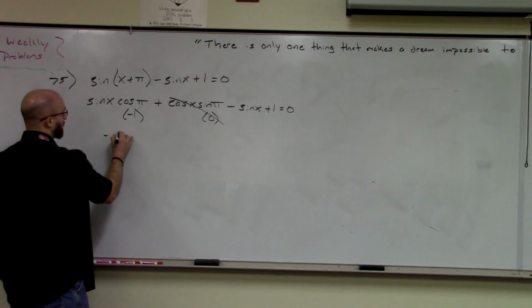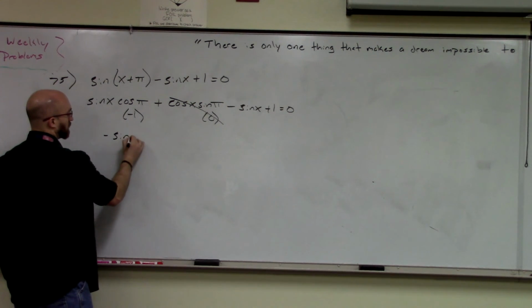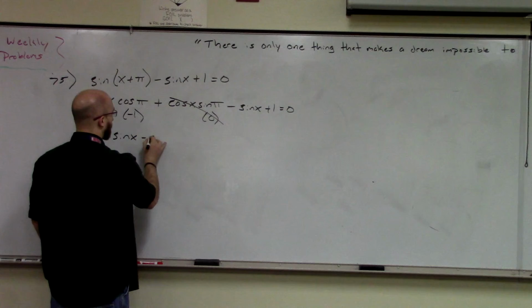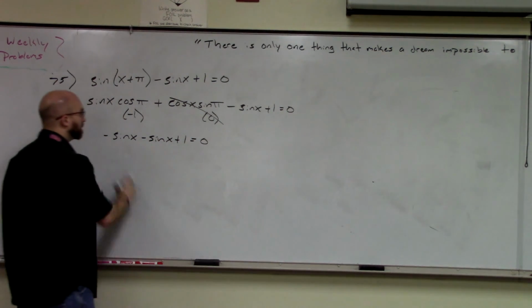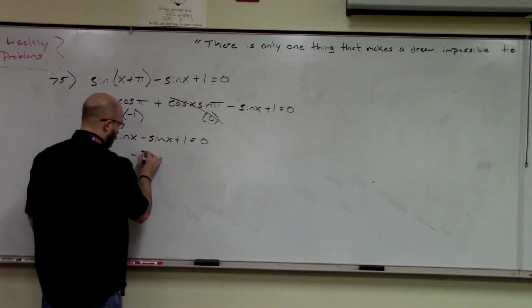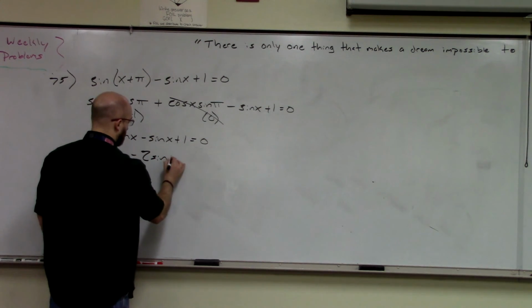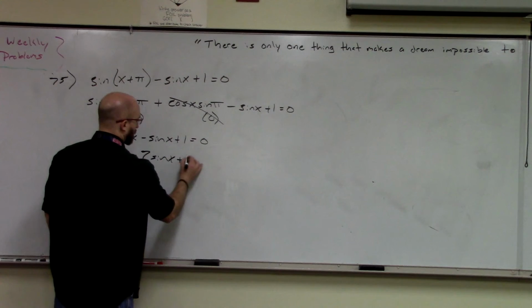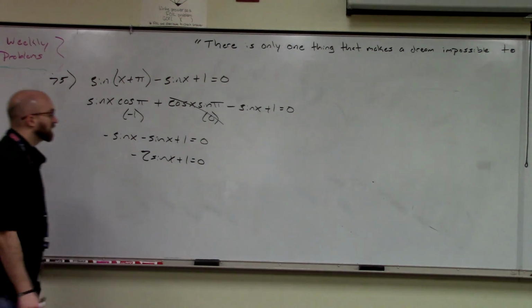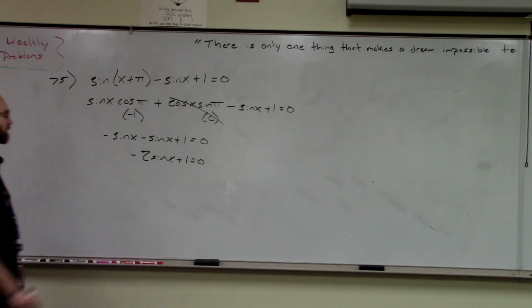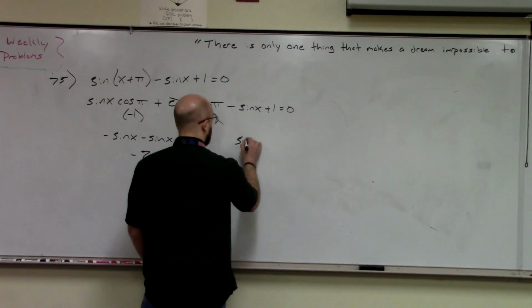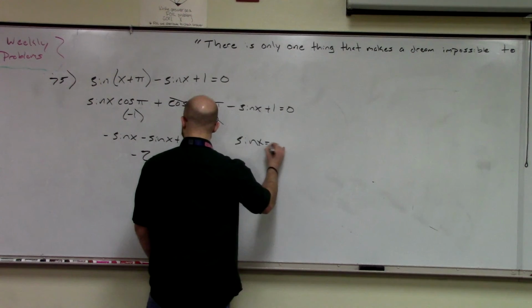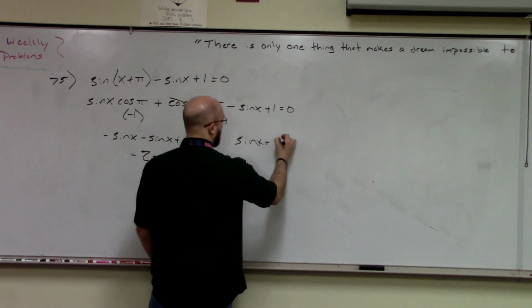This just turns into negative sine x minus sine x plus 1 equals 0. Add those together, and we get negative 2 sine x plus 1. Solve it now. So that means get sine of x by itself. If I solve it real quick, I get 1/2.